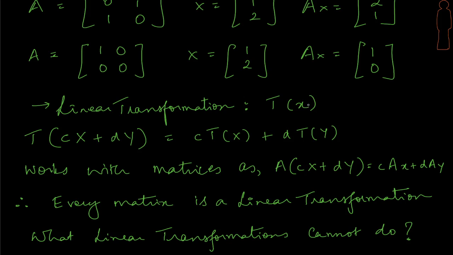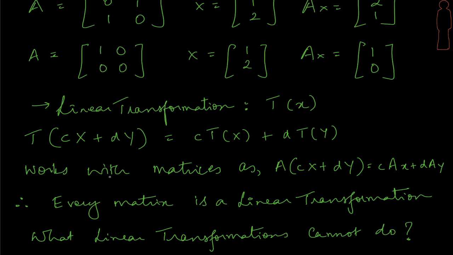The one and only property that the linear transformation has to abide by is this: if I take a linear combination of vectors and apply the transformation, then it should remain the linear combination of their individual transformations, right? This is something that we are very well aware of, which is linear combinations.